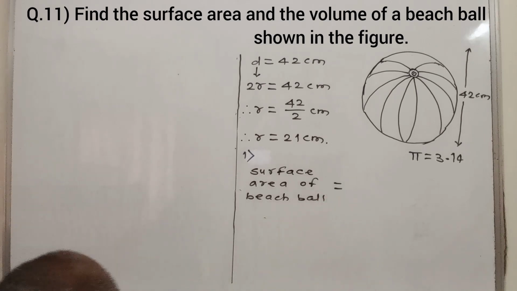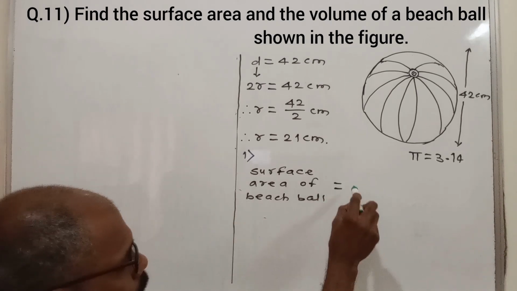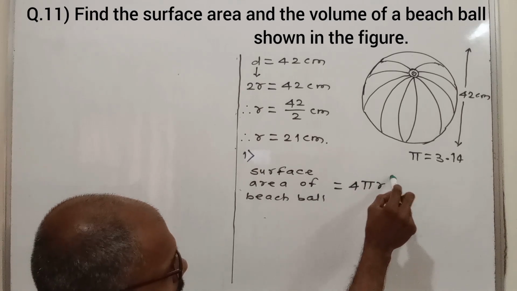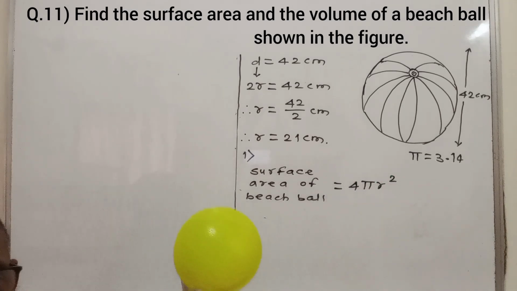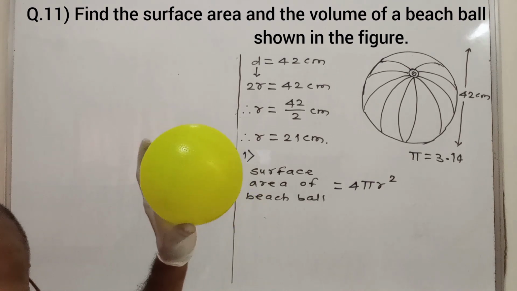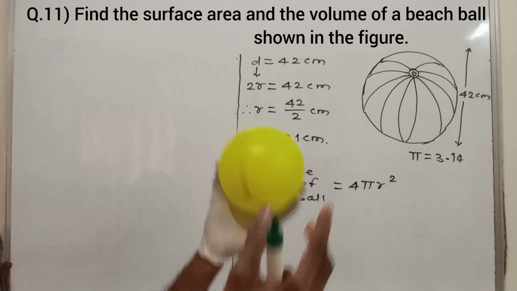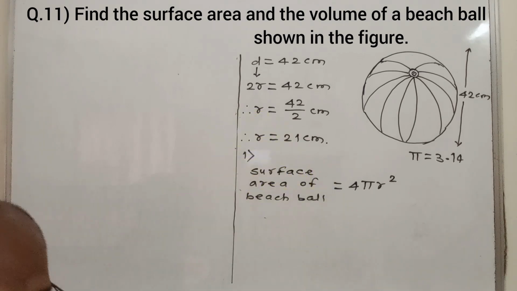Surface area of beach ball is equal to 4 pi r square. This is beach ball, and surface area means all the surface of this beach ball, which is equal to 4 pi r square.